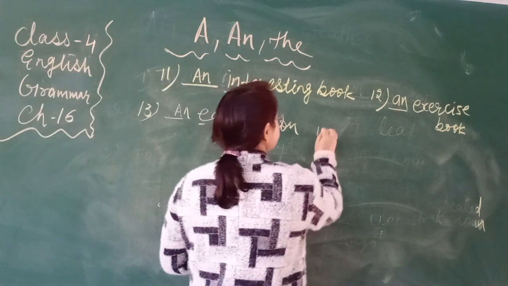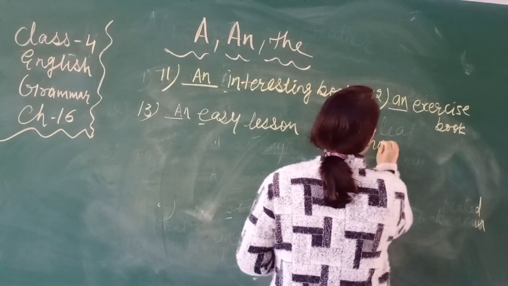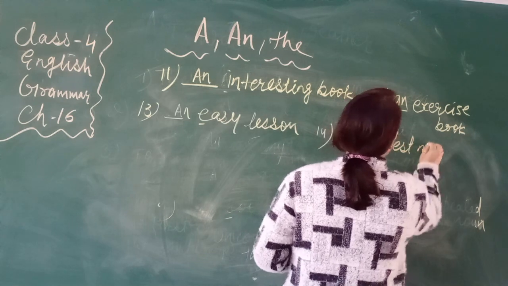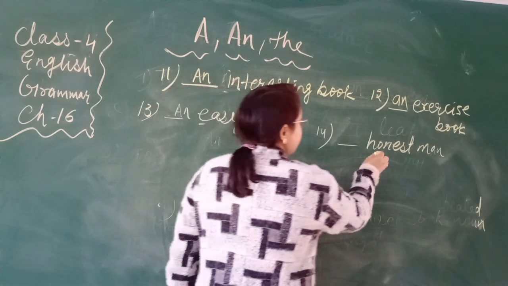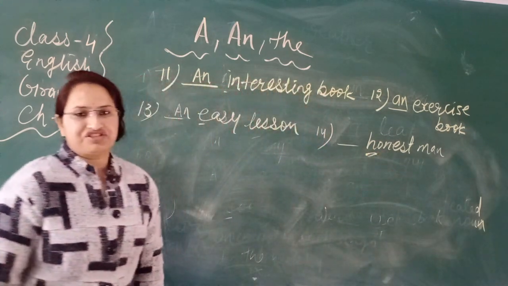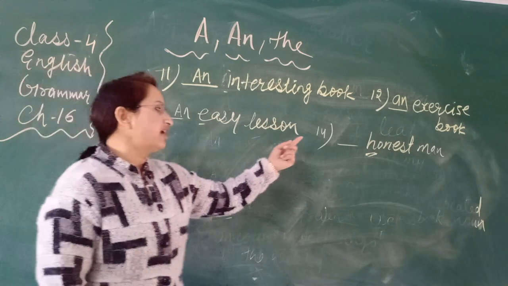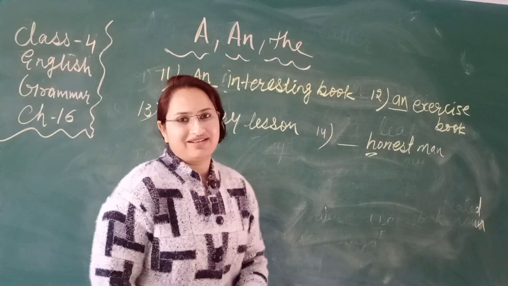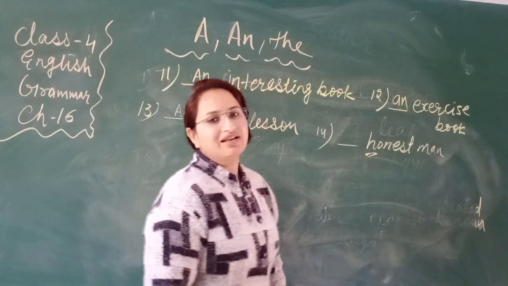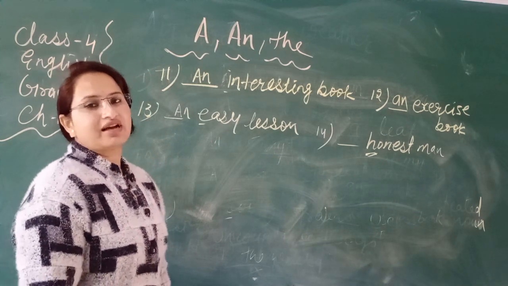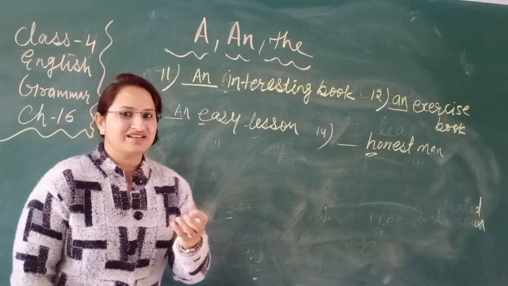Next, 14. Here it is honest man. Dear students, here you can see the letter which is given is H, and H is a consonant, so we would have to use article a. But we are not going to use article a. Why? Because the sound which is coming from the word is O. Honest.